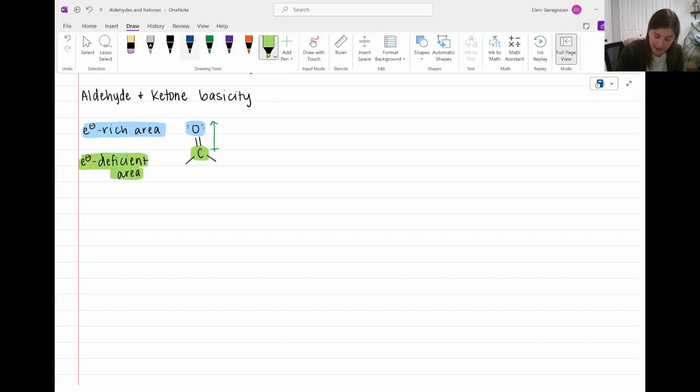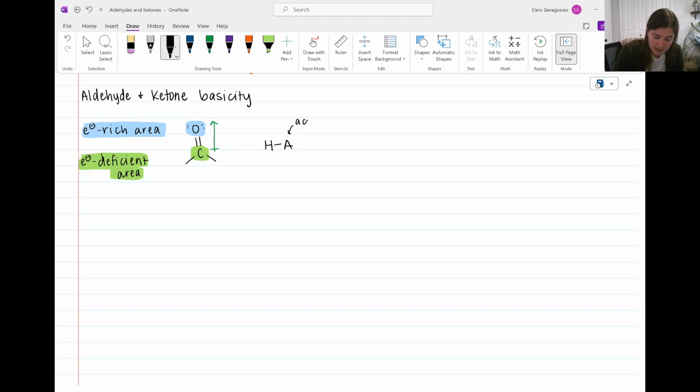All right, so if we have an electron-rich area, that oxygen has non-bonding electrons. Remember that a base is a molecule or atom in a molecule that uses non-bonding electrons to create a bond to a hydrogen. So if we have an acid around, here we just have a generic Bronsted-Lowry acid.